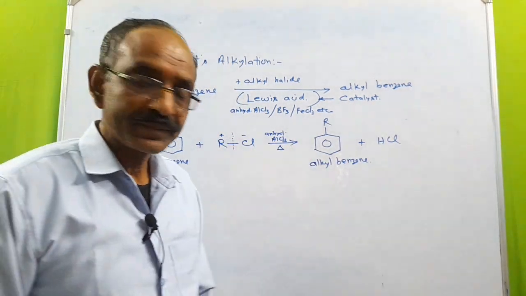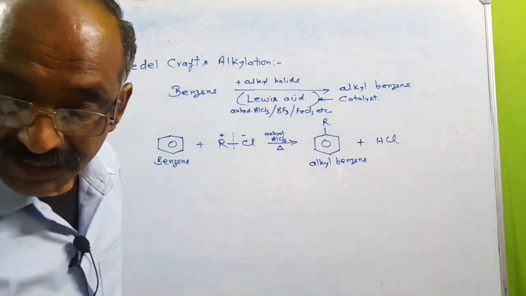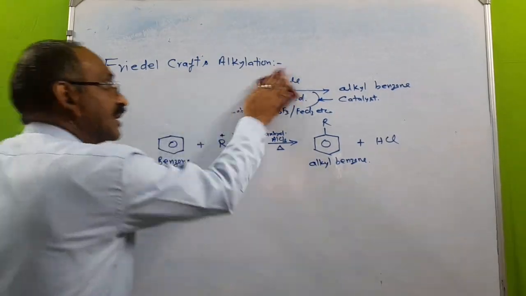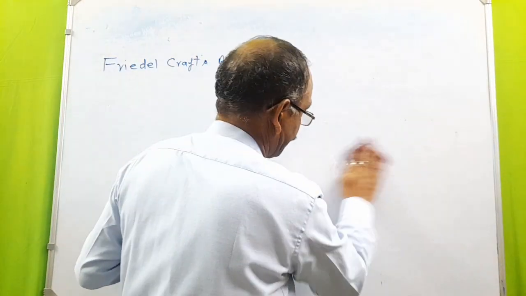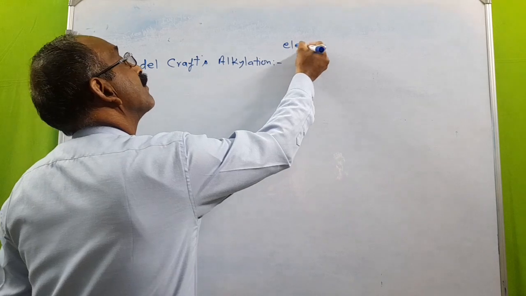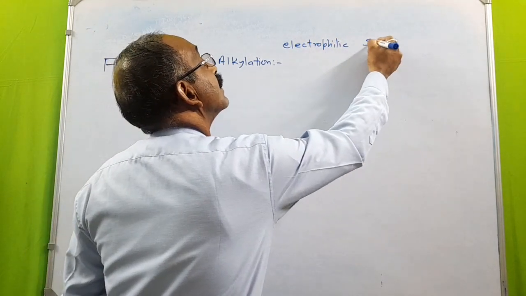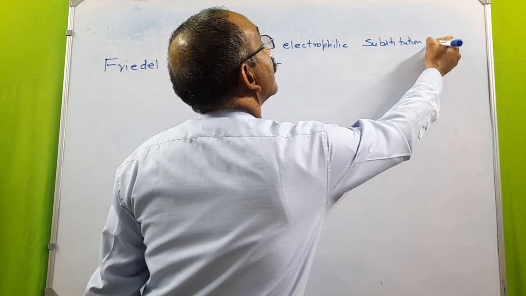Is it clear? Now we'll discuss how the reaction occurs, means the mechanism of the reaction. See, Friedel-Crafts alkylation is an example of an electrophilic substitution reaction.